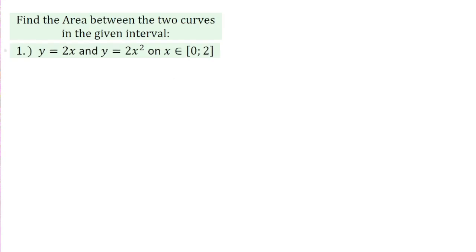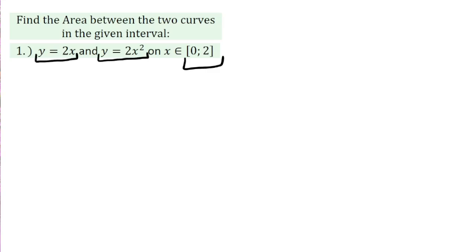And they give us two functions. They give us y equals 2x, and they also give us y equals 2x squared. So what we need to do is sketch those functions, and then find out where they intersect. So we can find the area of a region between the intersection points, and until where it ends.